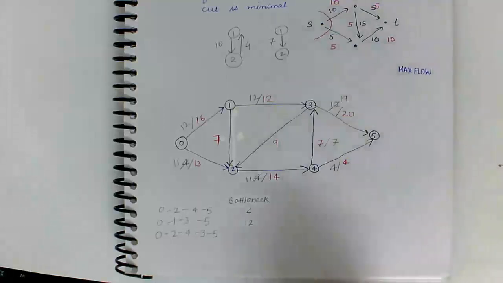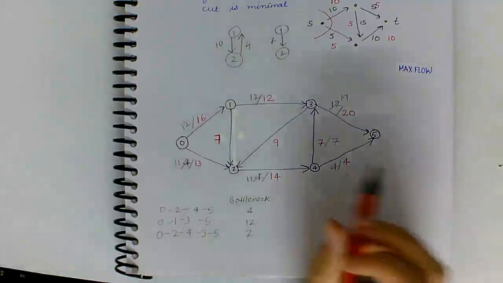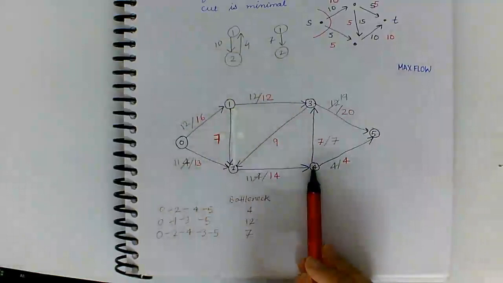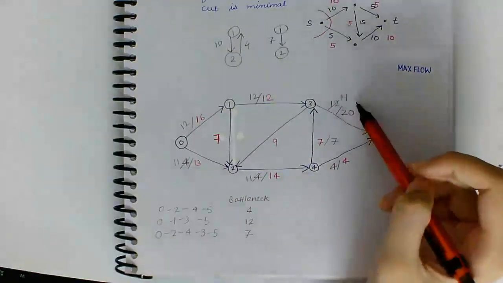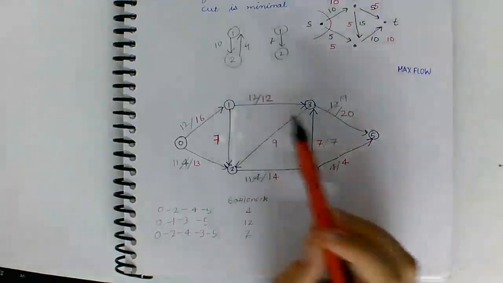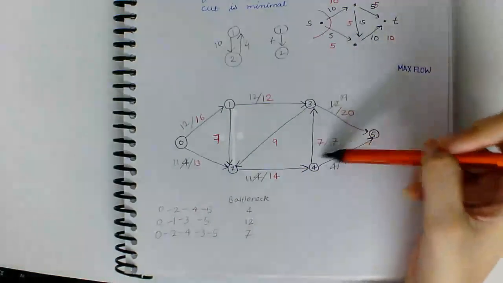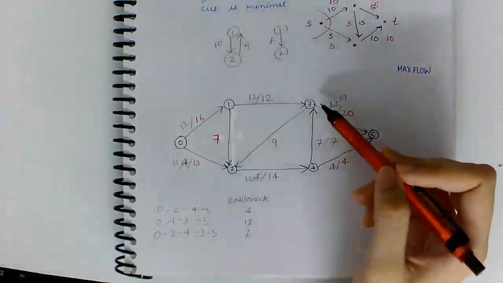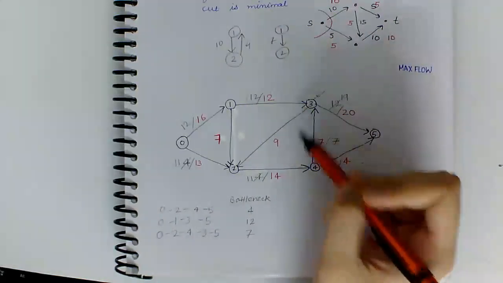So there is no other possible augmented path available, because even if we try this direction, 4 is full, this 19, 20 is stopped by this, and this is complete, this is complete. So there cannot be any more inward flow in this third node.